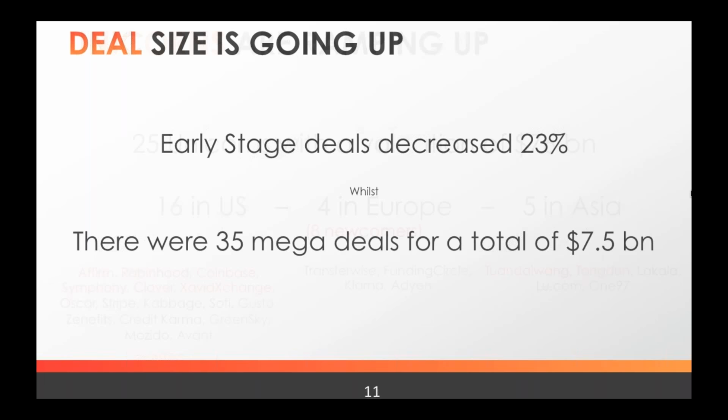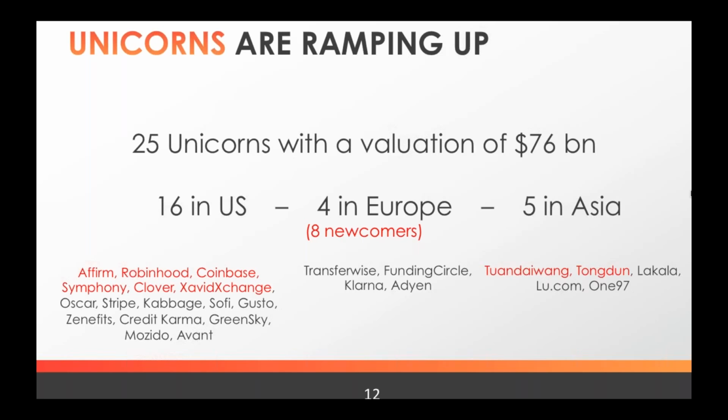There are some unicorns, so big companies which have a valuation of more than 1 billion, and these are spread around the world with a high concentration in the US, a few in Europe, and then 5 in Asia. In Asia, what's happening in 2017 is that there were a few IPOs. When a company becomes public, they stop being a unicorn, because a unicorn is, by definition, a private company. So we can see that there's a tendency for companies to start IPOs.